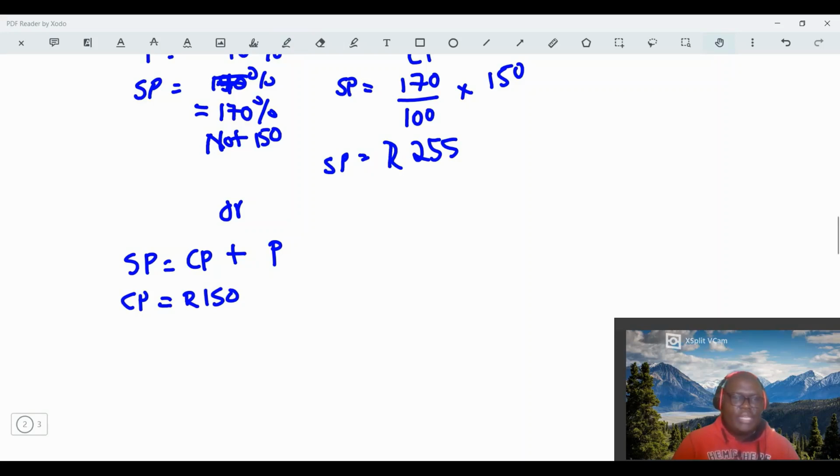Your profit will be 150 multiplied by 0.70, because you increased by 70%. 150 times 0.70 is now 105.